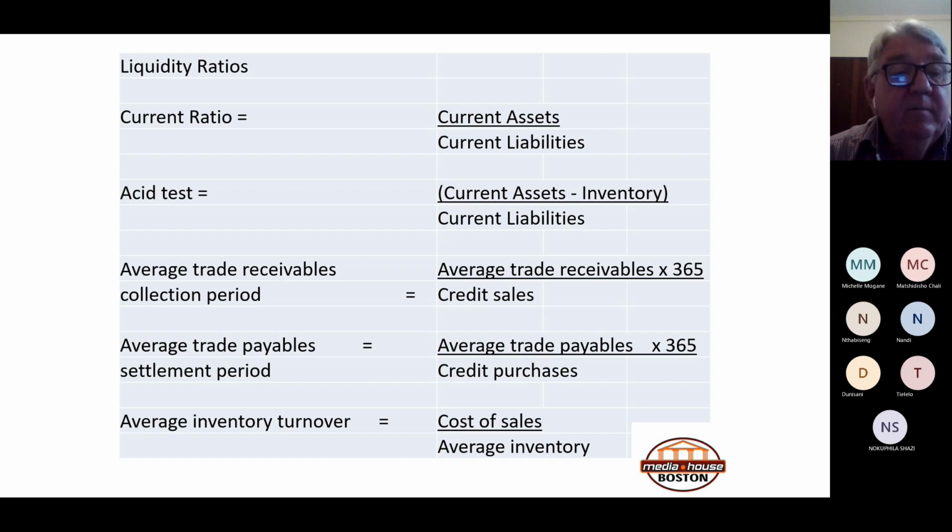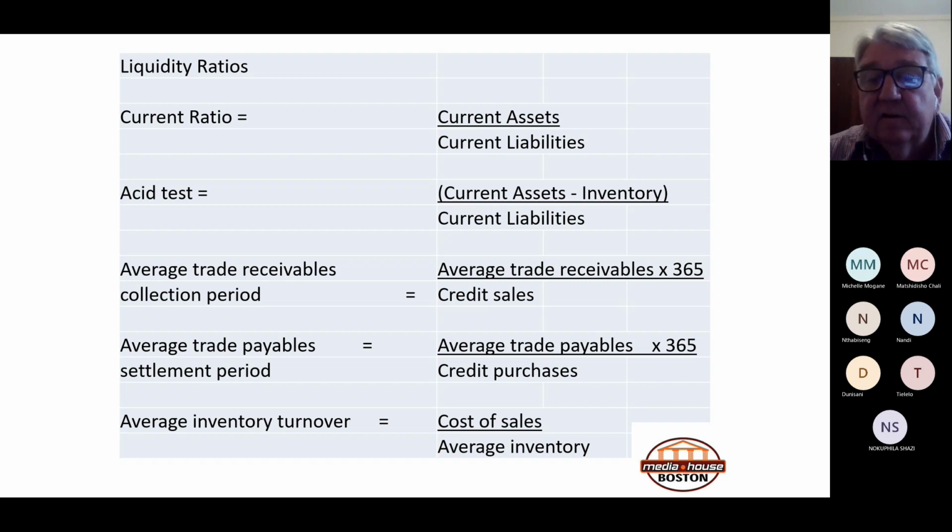I want to come back to the collection period. When you sell on credit, you give your customers normally 30 days or sometimes 60 days to pay their accounts. Now, this ratio tells you how long it takes you to collect your money from your debtors or trade receivables. This would normally be somewhere in 30 to 40 days, ideally.